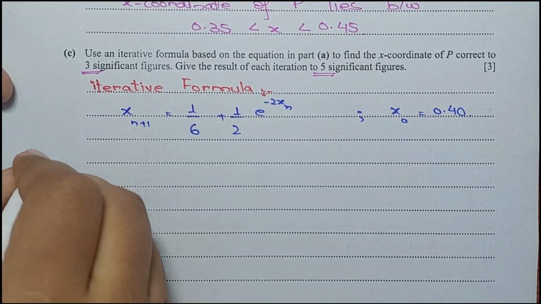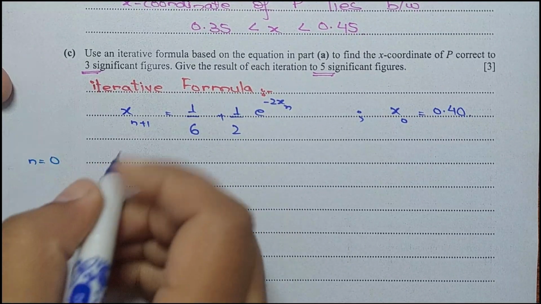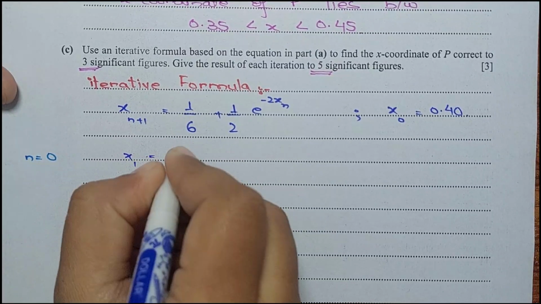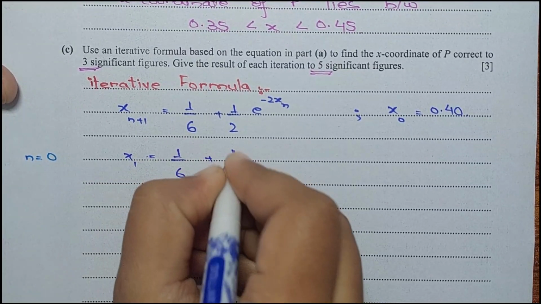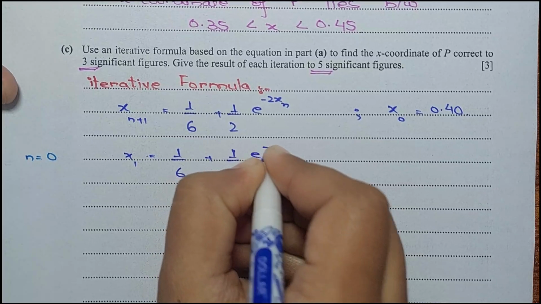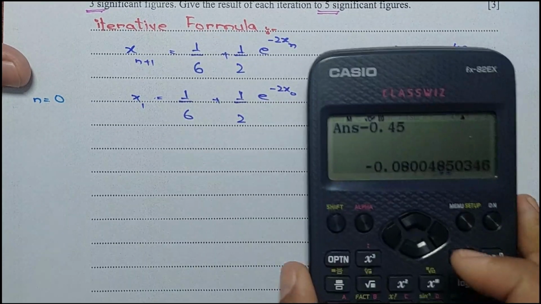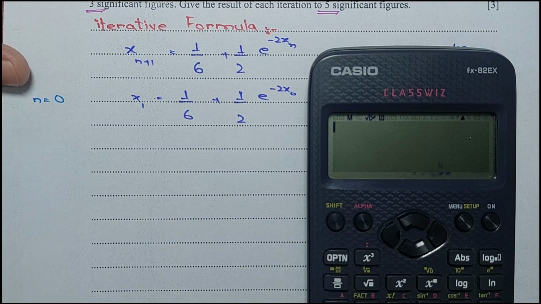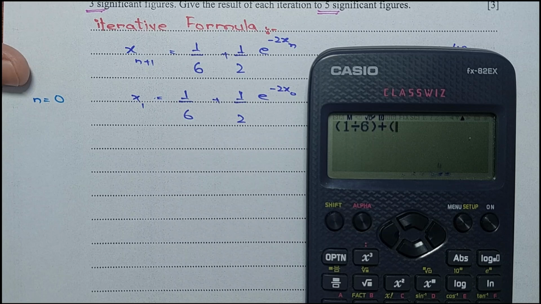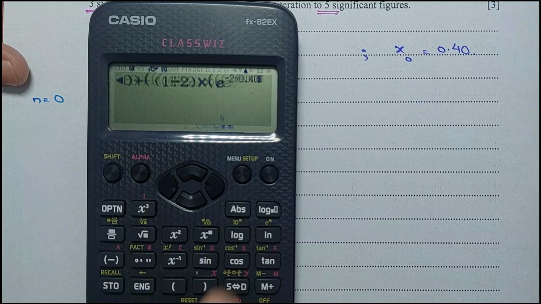For n equals 0, we have x1, which is 1 over 6 plus 1 over 2 e to the power minus 2 x0. x0 is 0.40. Okay, bracket 1 by 6 plus bracket 1 by 2 multiply bracket e to the power minus 2 times x naught, 0.40.